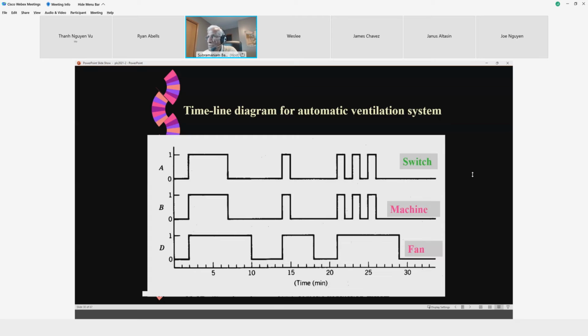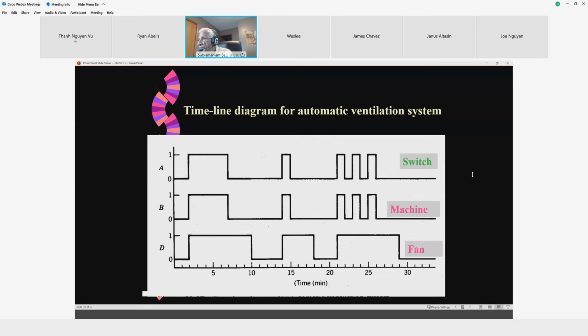When A goes down, the lamp or the process comes down right away. But the logic required here, or the problem statement says, you must keep the fan on for another 3 minutes. So look at the period from 7 to 10. The fan alone is going, which is the D. And at the end of 10 minutes, the fan collapses. It has done its job.